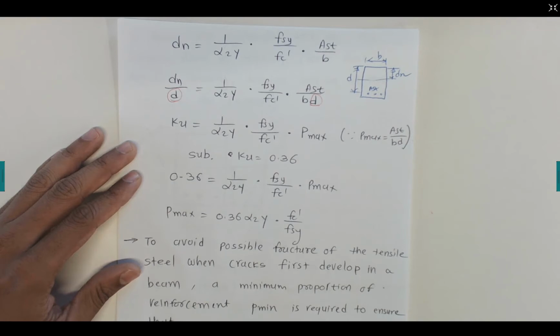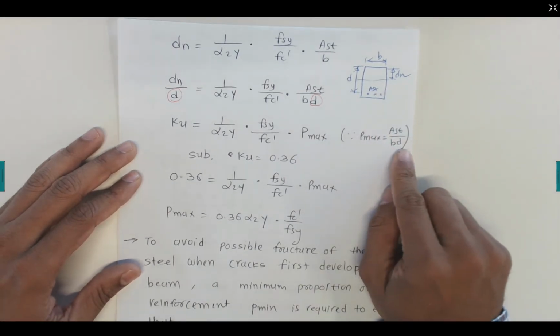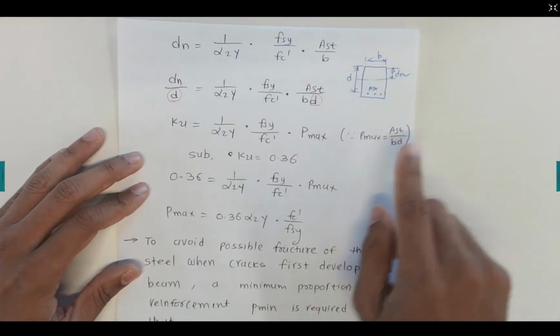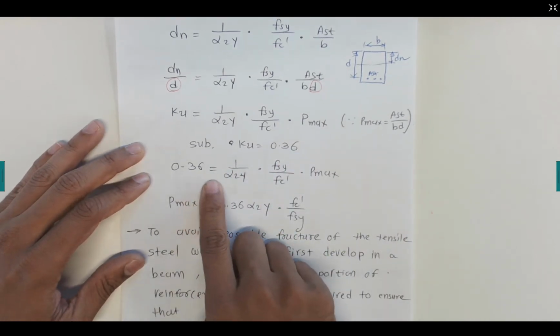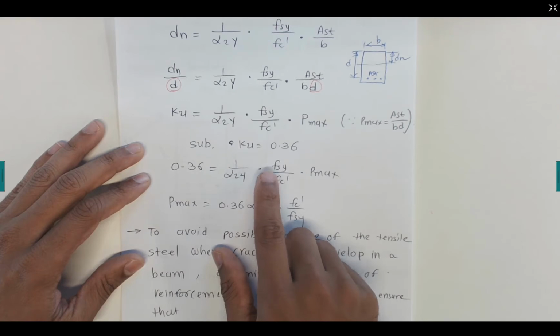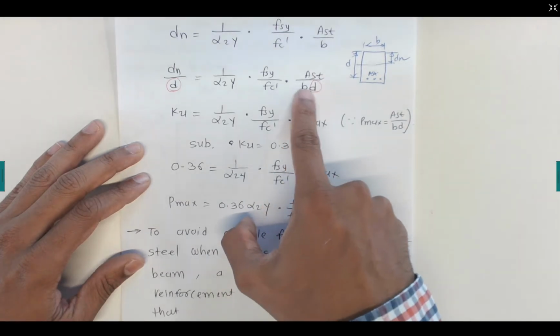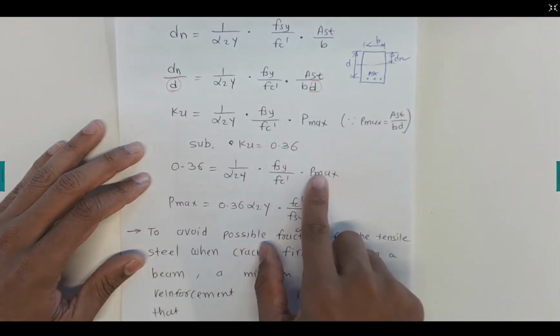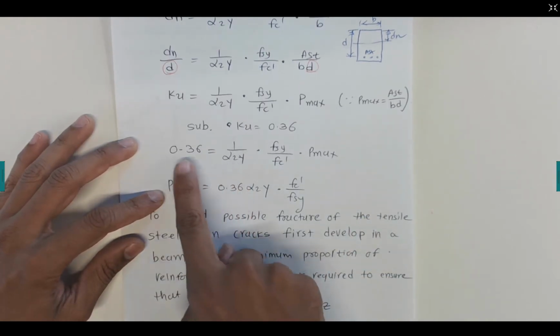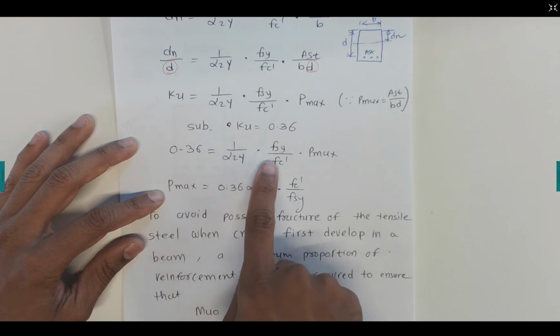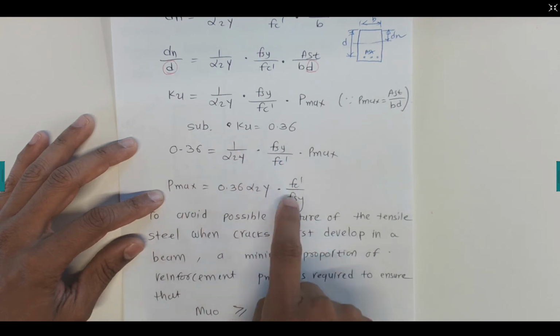This is a typical notation for these symbols, and this is the area Ast. We substitute Ku equal to 0.36, that's the requirement. So 0.36 is equal to 1 over alpha 2 fsy Ast, and we substitute Ast by b d, so the maximum reinforcement required is 0.36 times alpha 2 gamma times f'c over fsy.